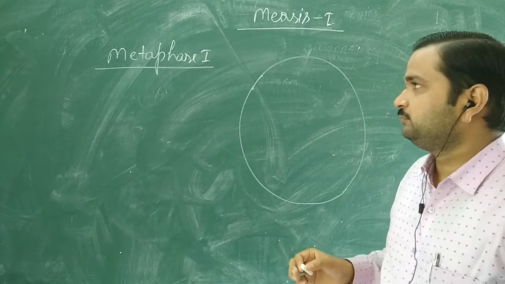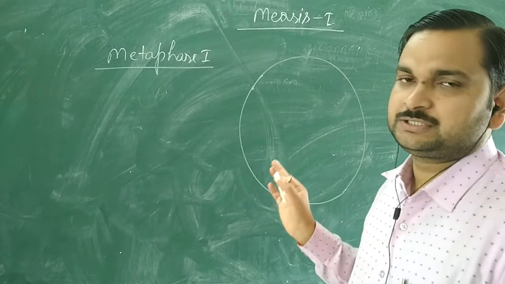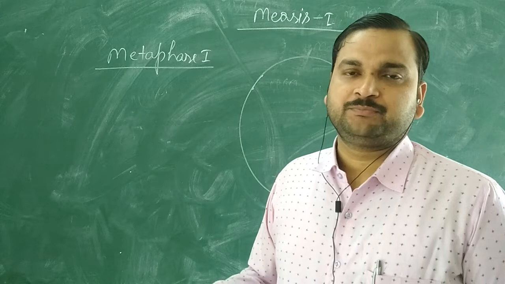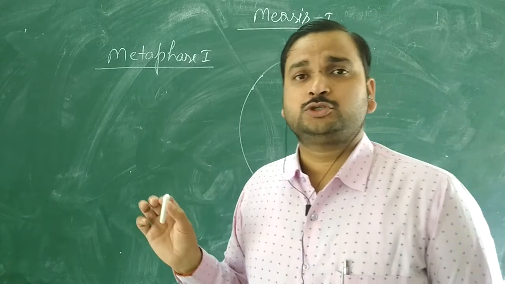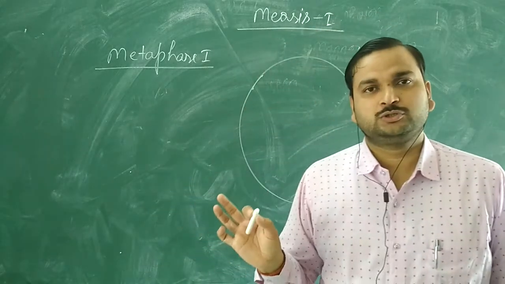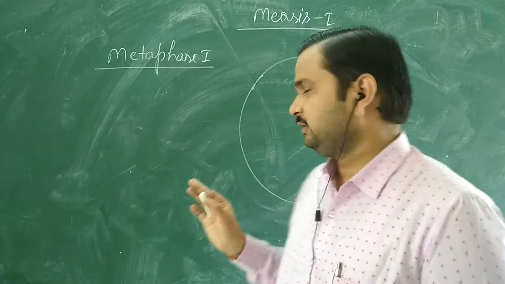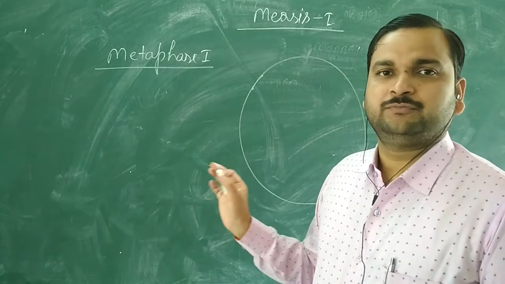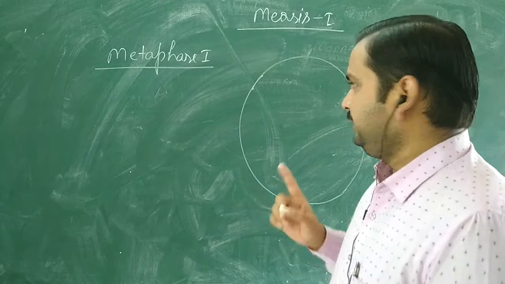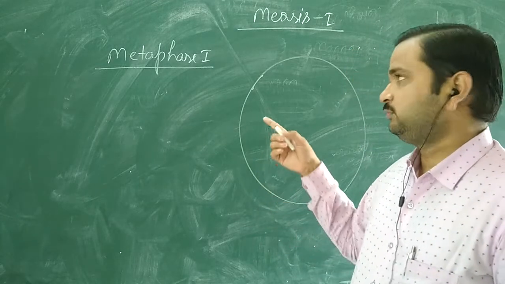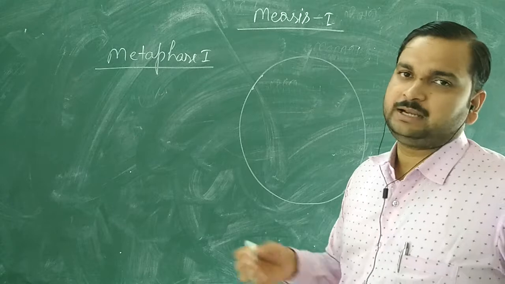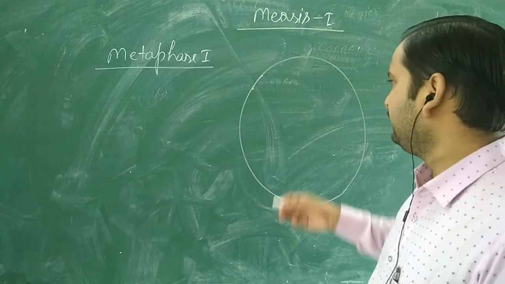One more thing you should know, that by the end of prophase first, which ended with the event of diakinesis, the chromosomes are fully condensed. Means in the case of metaphase first, the chromosomes will be fully condensed. And you know that in the case of prophase first, all the chromosomes got paired together. That synapsis took place.